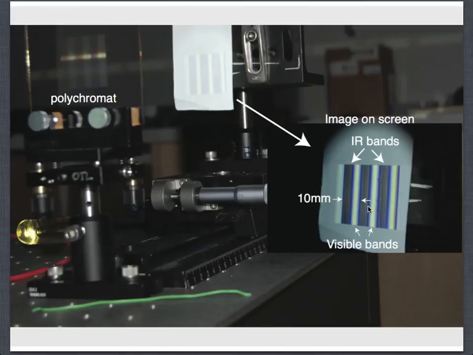You actually have 2 bands. You can see repetition of this 3 times, because we made it in a periodic fashion. We repeated the unit cell 3 times. So you see 3 patterns here, and the pattern itself is divided into 2 bands. One is in the visible and one is in the infrared.